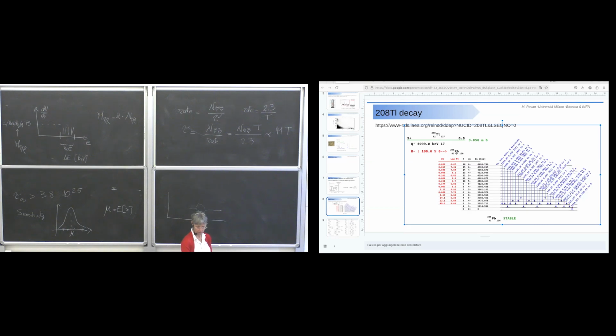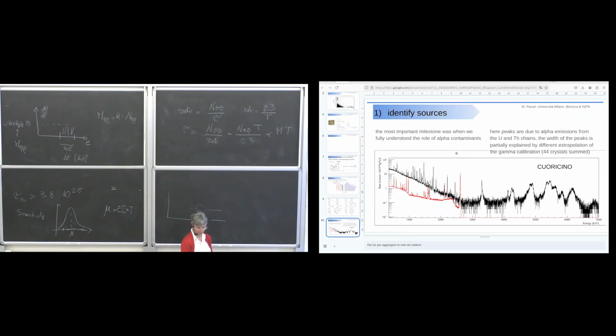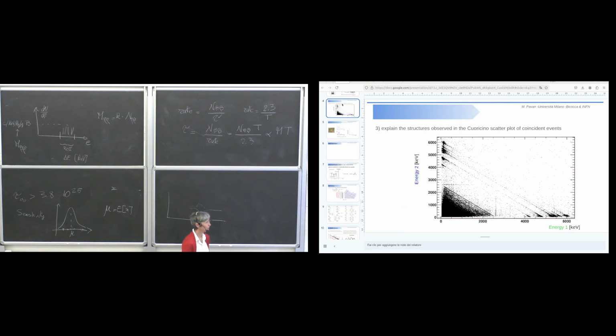And if the rate is high enough, I can also have accidental coincidences in that case that can provide contributions.